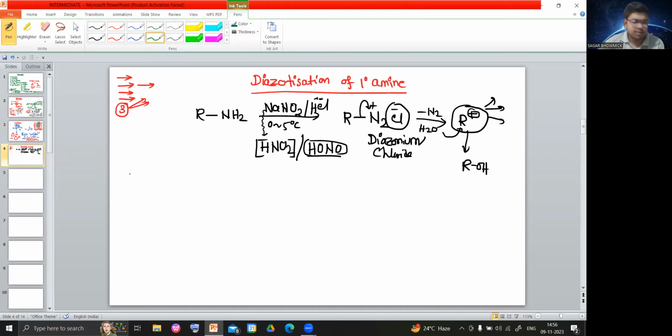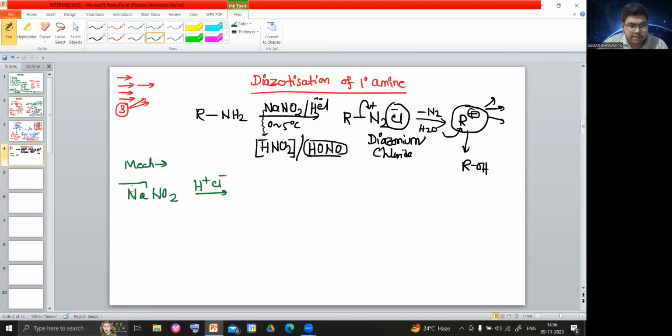Let's discuss the mechanism a little bit first. Before the example, let's draw the mechanism of this process. NaNO2, we are adding HCl, H+ Cl-.